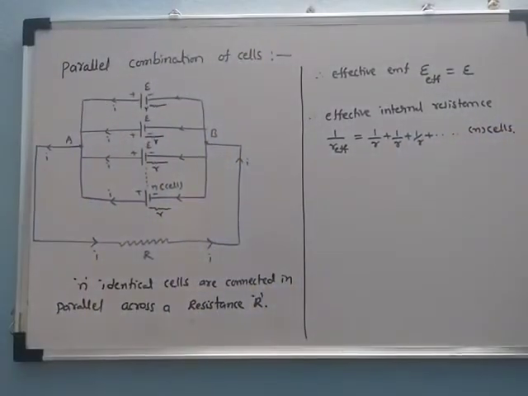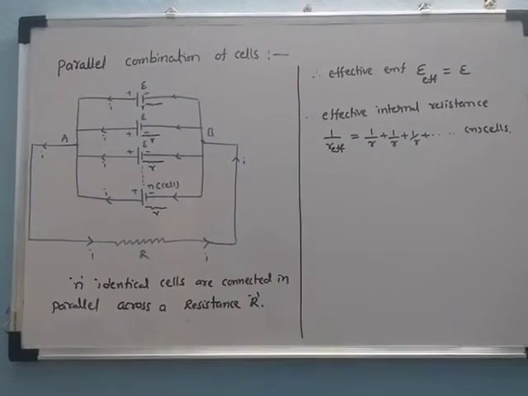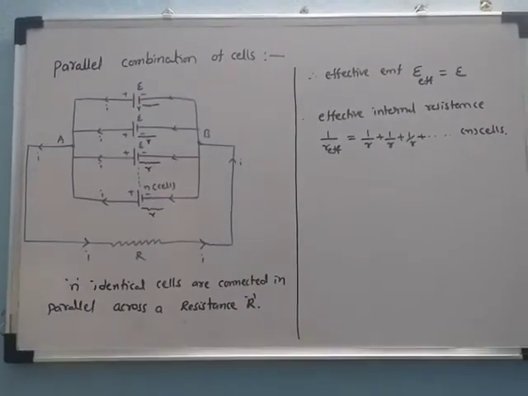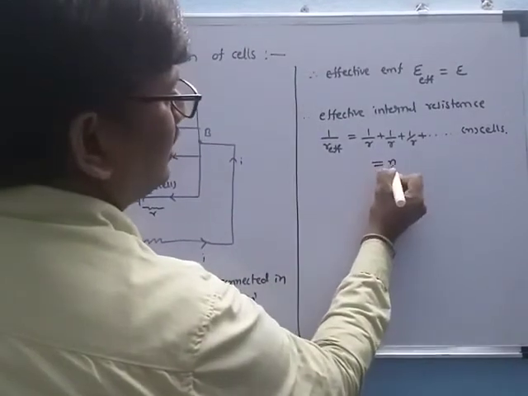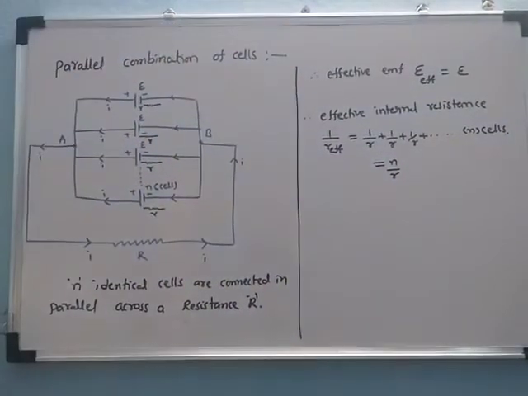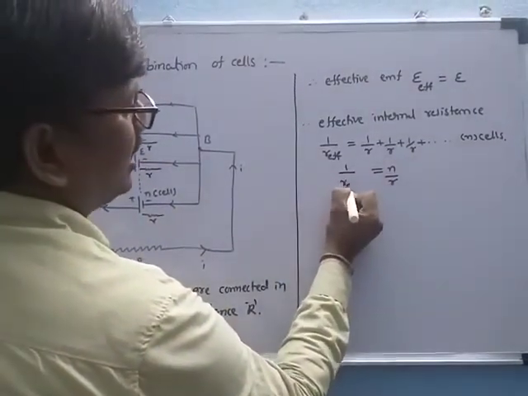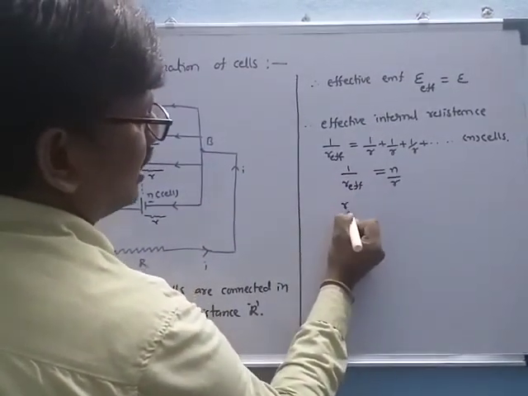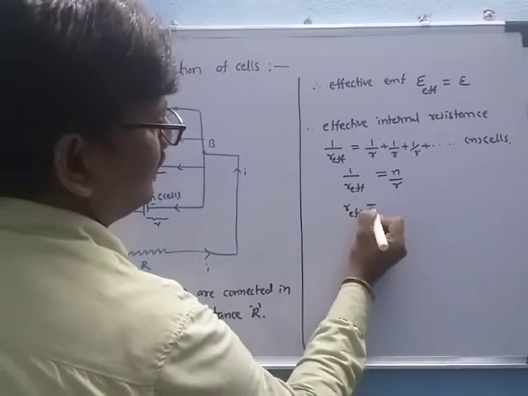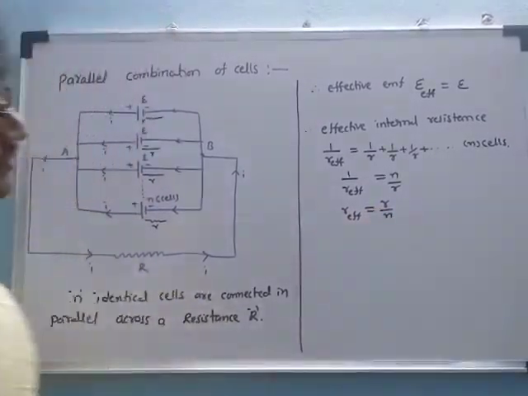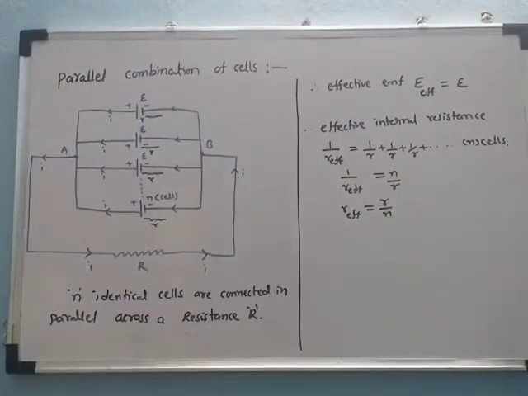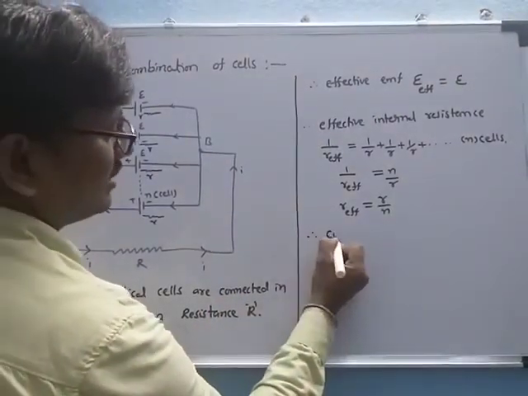How many cells are there? n cells. So n times 1 by r is equal to n by r. This is 1 by r effective. Then r effective is equal to r by n.